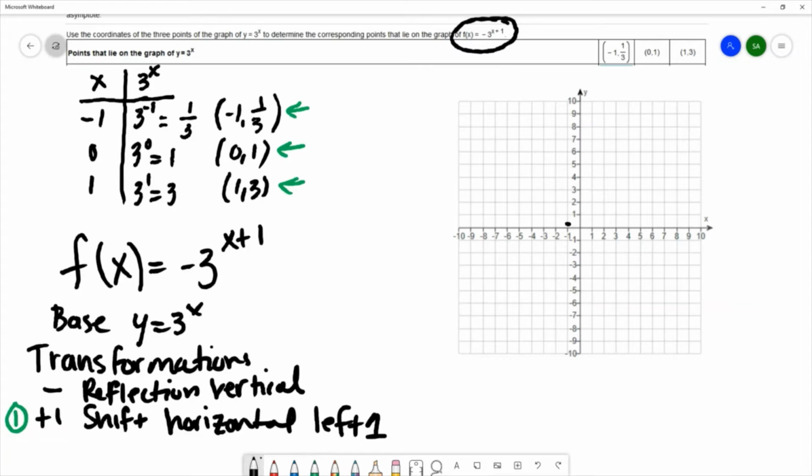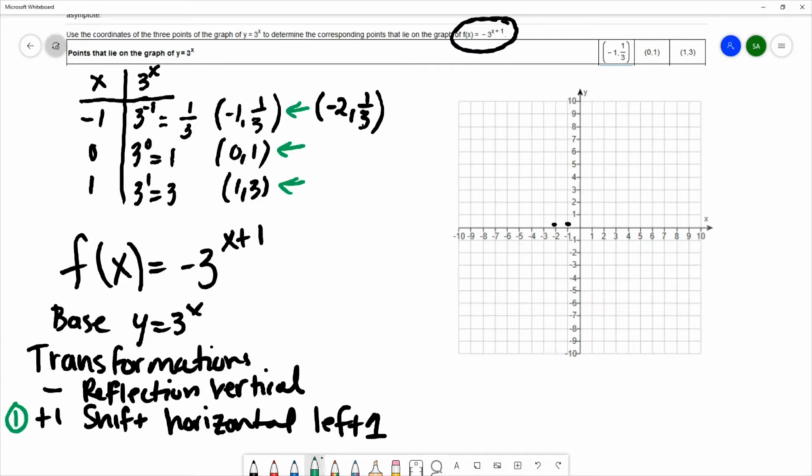If we move that ordered pair to the left 1 unit, think about what's happening to the x-coordinate and to the y-coordinate. The y-coordinate didn't change, but the x-coordinate moved to the left, and so that's subtracting 1. So that new coordinate became negative 2 and 1/3.